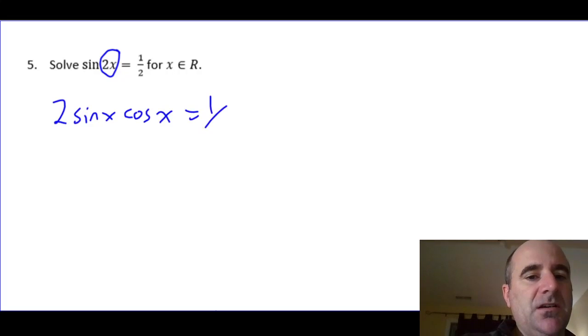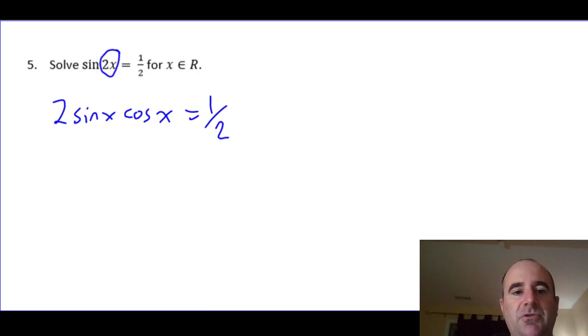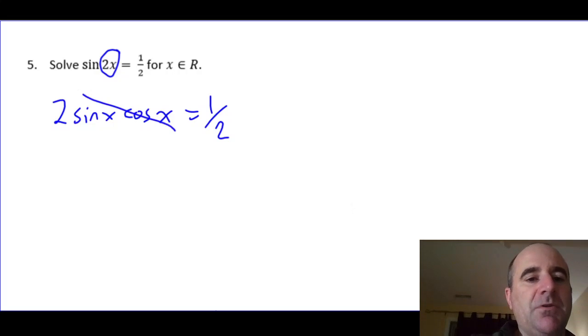Now that's a great idea, and it's certainly a true equation, but in this case it's not actually helpful. It doesn't help you find x to break it up into sine x and cos x. In fact, if this were the original question, it would actually be more helpful to rewrite it as sine 2x equals 1/2. So we'll just forget about that.